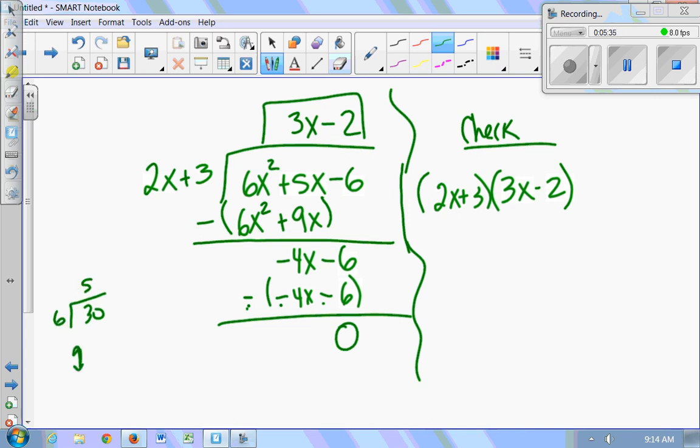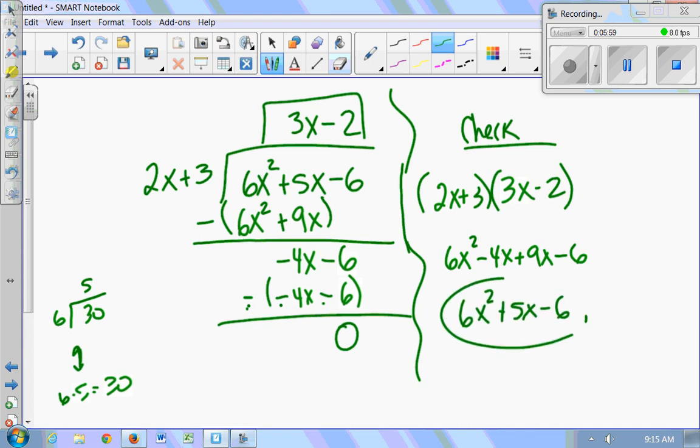That means that 6 times 5 should give me 30. Same thing. So when I FOIL this, 2x times 3x is 6x squared. That's first. Outer, 2x times negative 2 is negative 4x. 3 times 3x is 9x. And 3 times negative 2 is minus 6. So you get 6x squared plus 5x minus 6, which is what we started with.